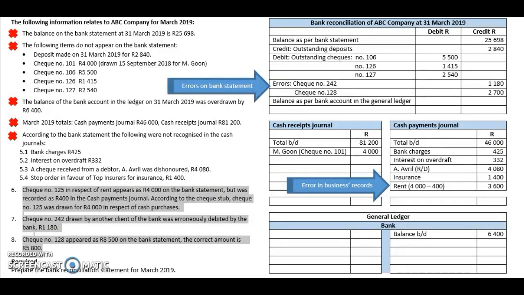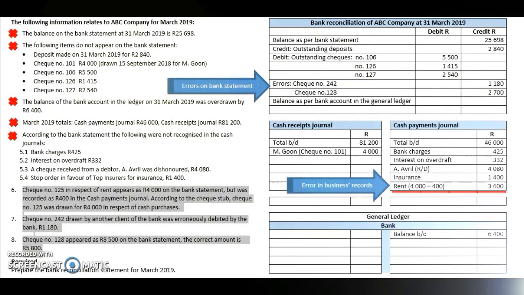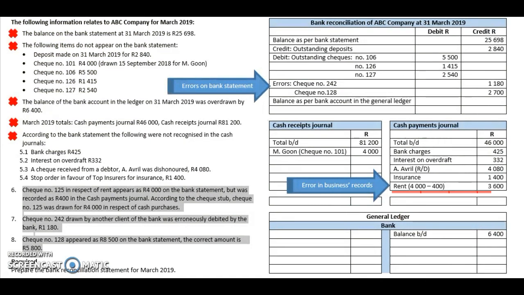The adjustment is R3,600, which is R4,000 minus R400. R400 is already recorded as a payment. A further R3,600 is needed and should now be recorded, and this is in respect of rent.